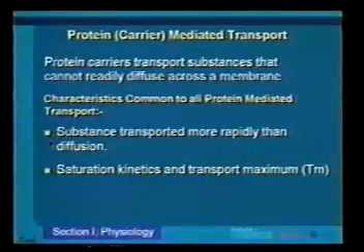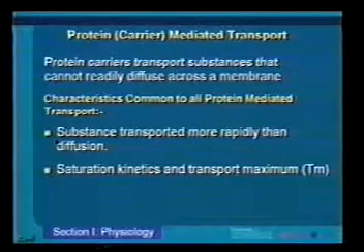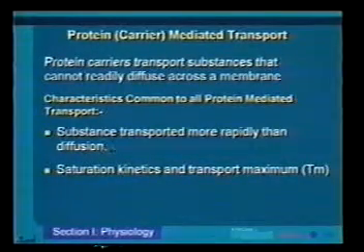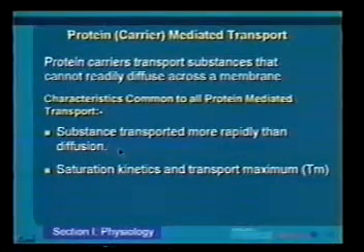Now, with protein or carrier-mediated transport, we have certain basic characteristics that will be applied to any type of protein-mediated transport, and these are listed in your notes. The first one is the substance will be transported more rapidly than diffusion, just for that substance, because that substance does not readily penetrate the membrane.